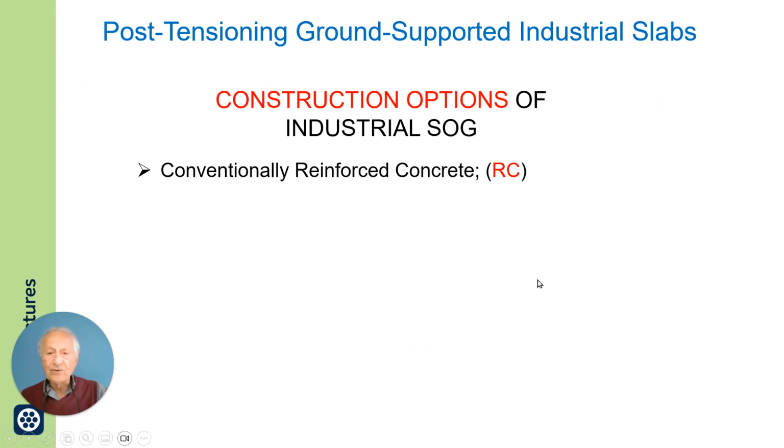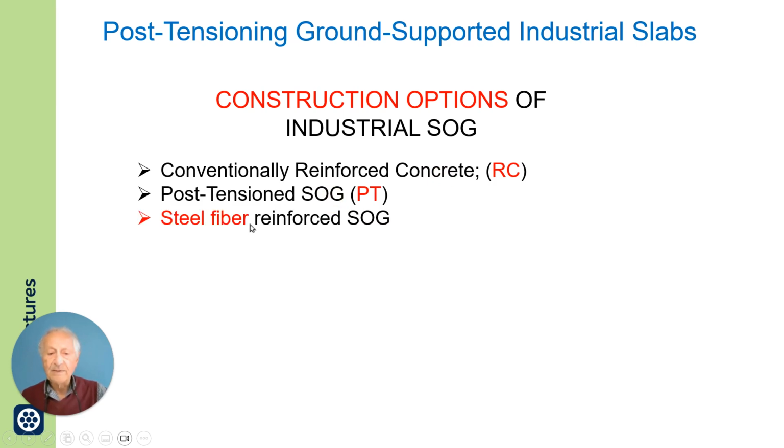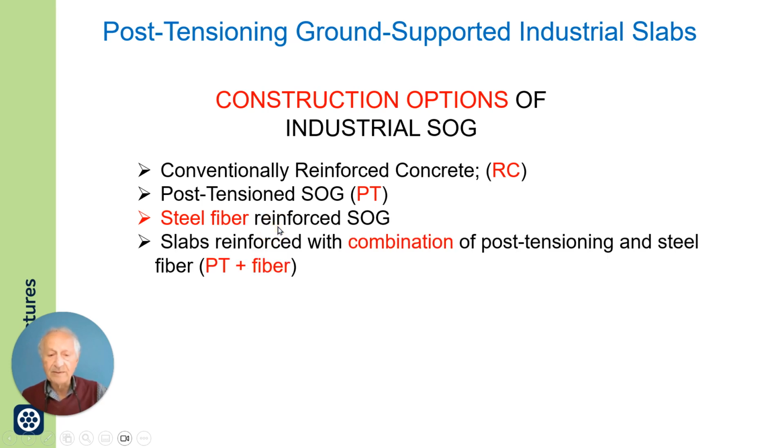Now, construction options. What are construction options? One is conventionally reinforced concrete or post-tensioned slab on grade. You can have an industrial slab constructed with concrete and steel fibers for reinforcement.